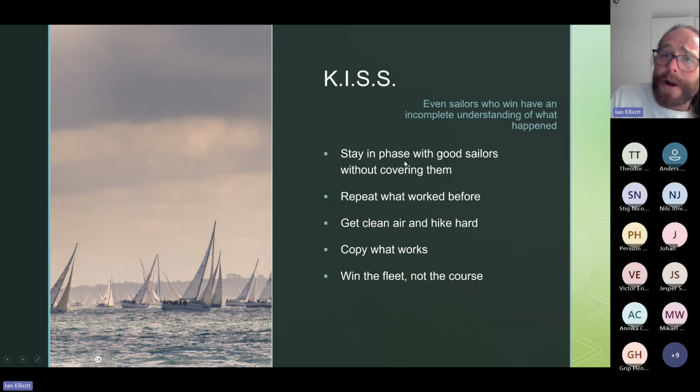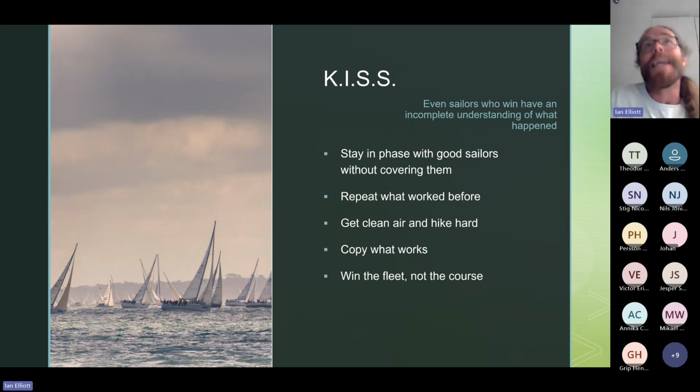So before I was using the word phase to talk about wind direction. But when I say stay in phase with a sailor, if that sailor is going right, you go right. If that sailor is going left, you go left. So it's a better way of following than being behind them and having dirty air, or being in front of them, giving them dirty air and causing them to turn away from the desired direction.